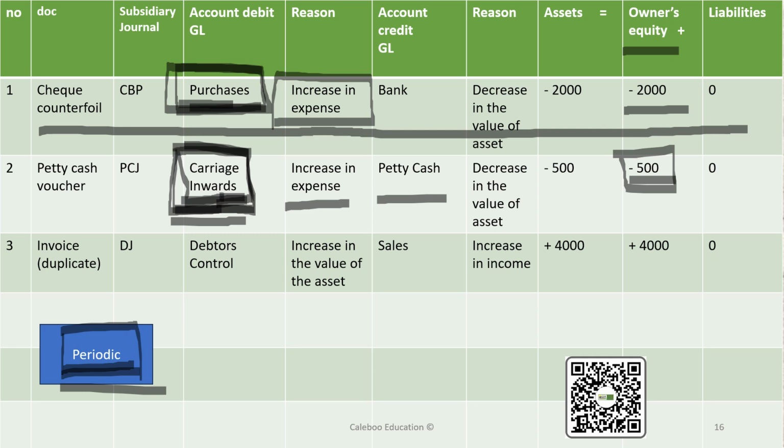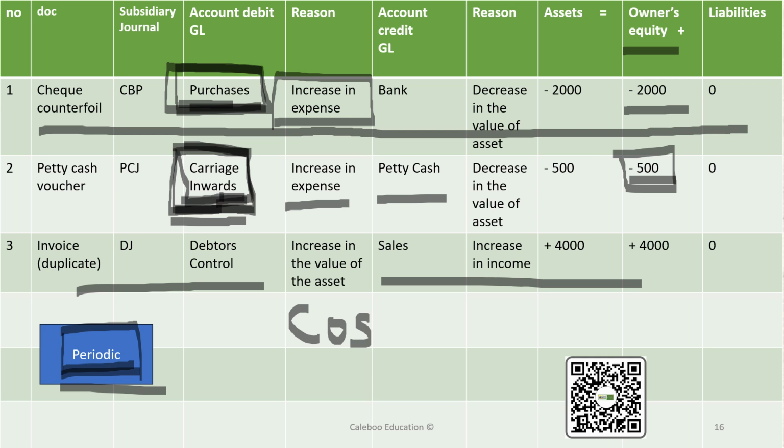It's not added to the cost price of the stock in the periodic inventory system. And when a sale is made in the periodic inventory system, cost of sales is not recorded at this point of sale. So here are three major differences as compared to the perpetual inventory system.